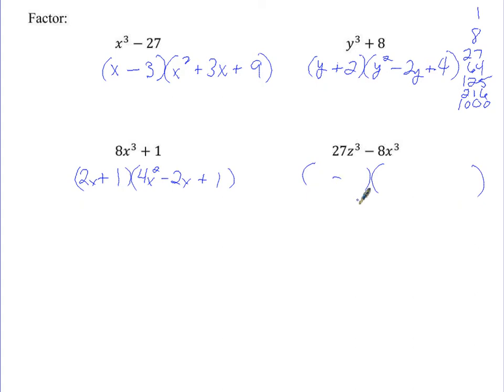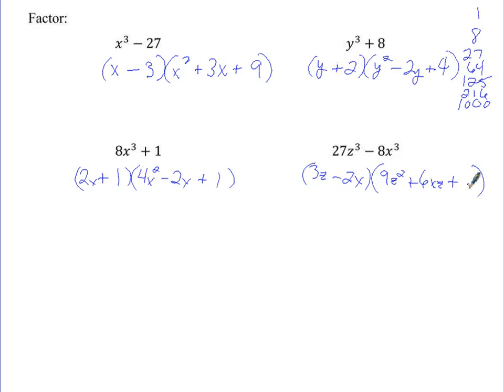Minus here. Plus plus. What is going to go here? 3z. What goes here? 2x. So that will be 9z squared. This will be, multiply them together. 3 times 2 is 6. x times z is xz.